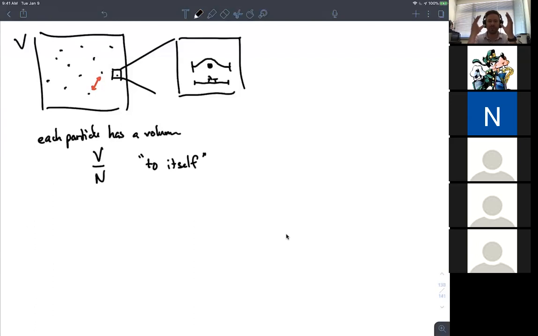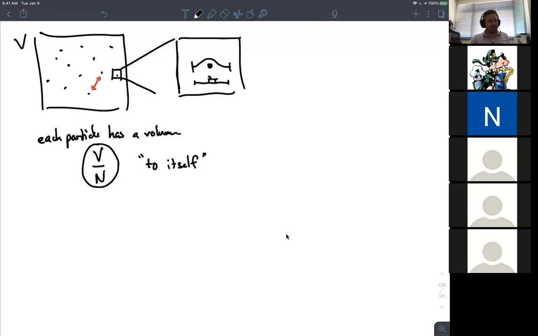You take the volume, you throw in N particles, and you can think of those particles as being arranged on a regular grid. Within that grid, each particle has this volume V over N to itself, like a unit cell per particle in this box. Does that make sense?